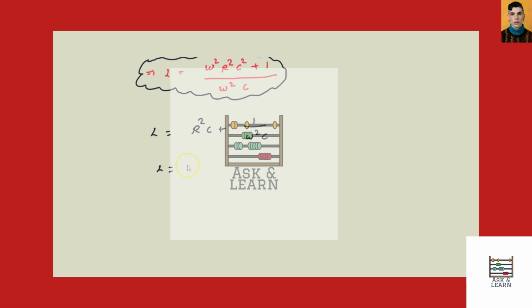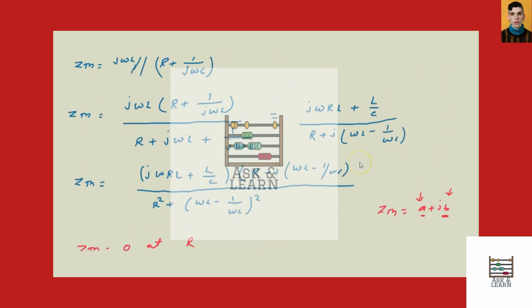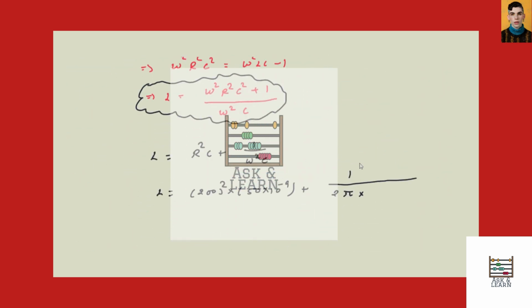Now L will be 200 square into capacitor 50 nanofarad, that is 50 into 10 to the power minus 9 farad, plus 1 upon omega square. Omega is simply 2 pi f, and the frequency is 5 megahertz.